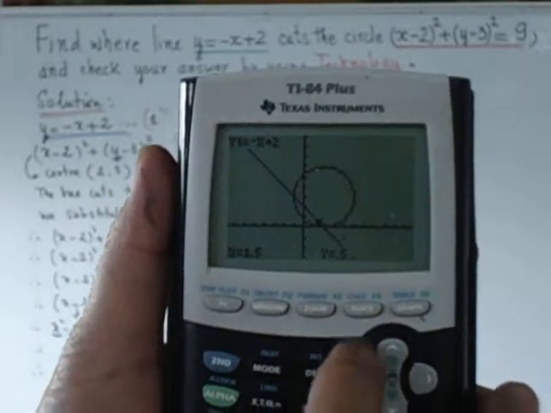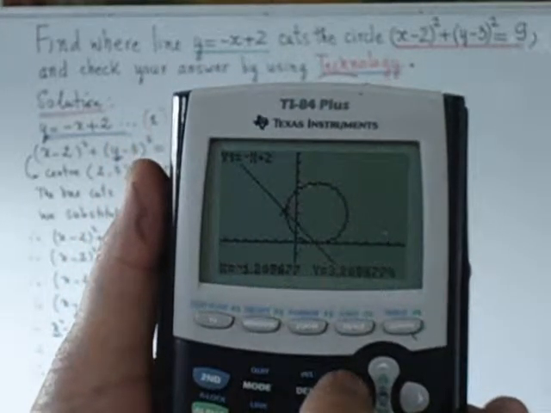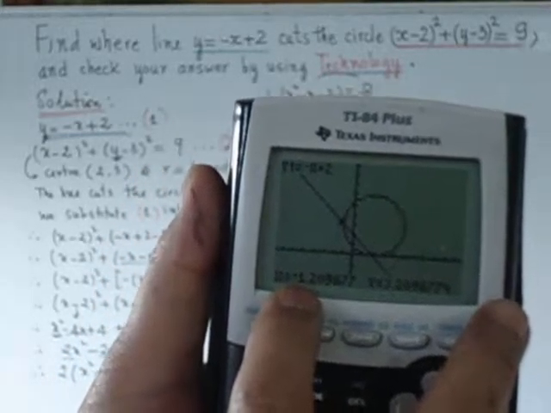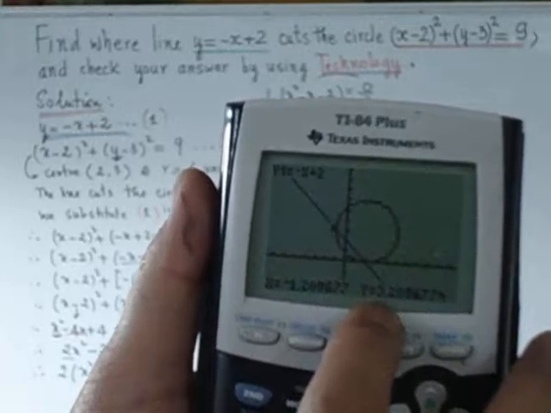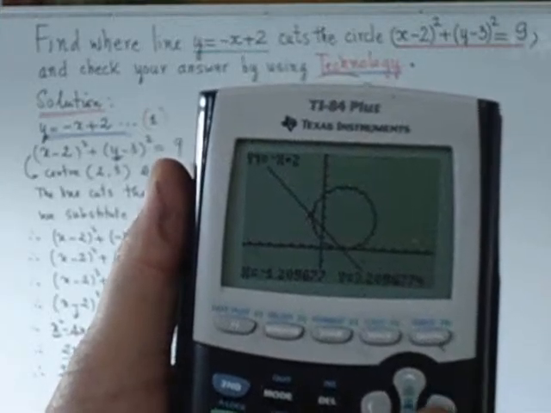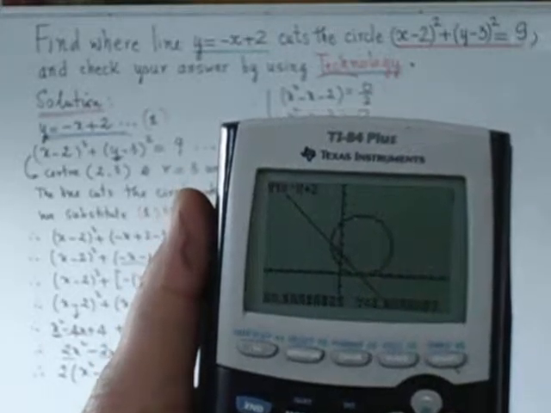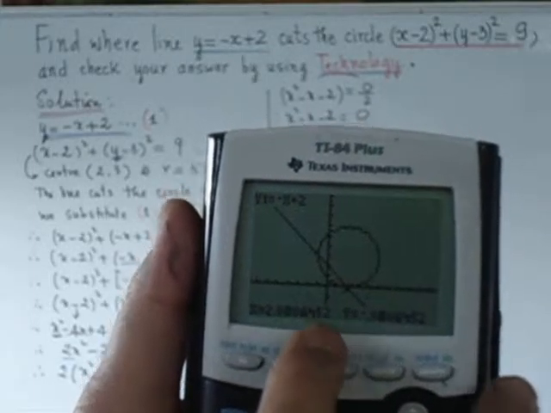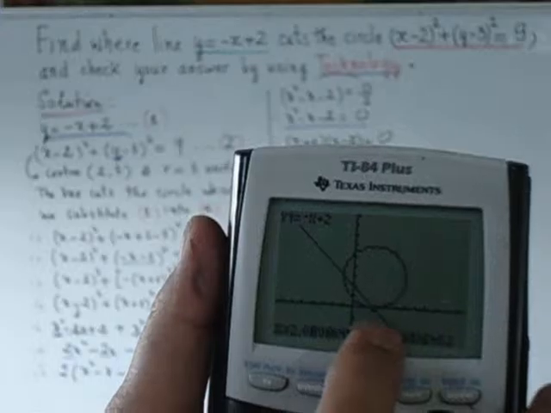Use the cursor to move. So we can see the line cuts the circle at minus 1 and 3. And the line cuts the circle at point B, 2 and 0.